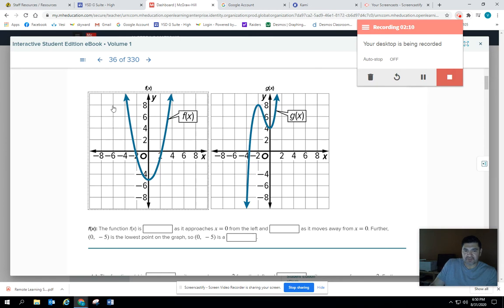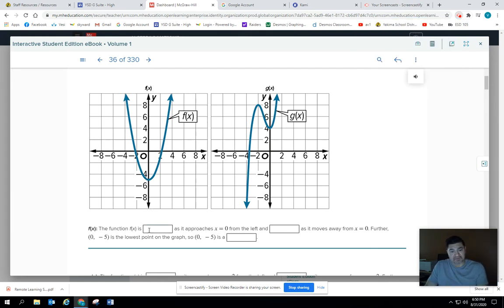So if we start from the left and we're approaching x equals 0, as x is going towards 0, what's happening here? The function is, I'll give you guys a second, what's it doing? Is it increasing or decreasing? It is decreasing. So I'll go ahead and type that in.